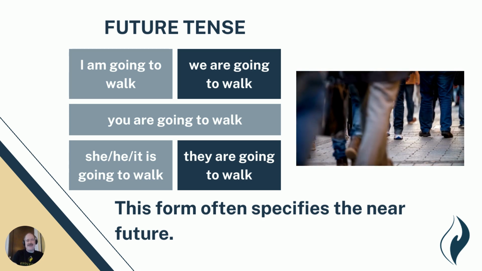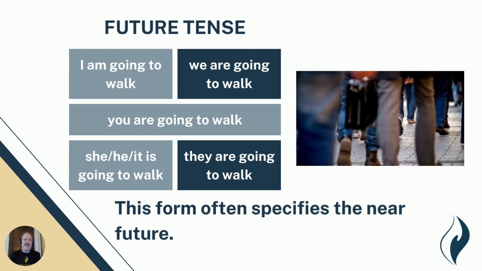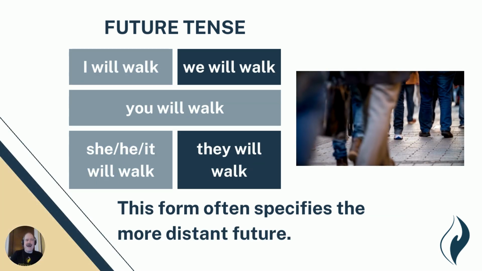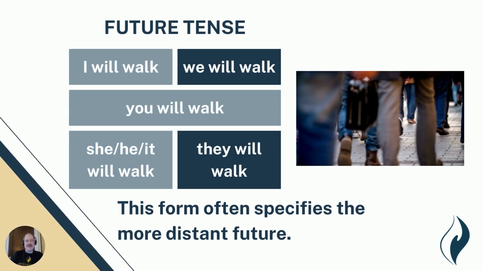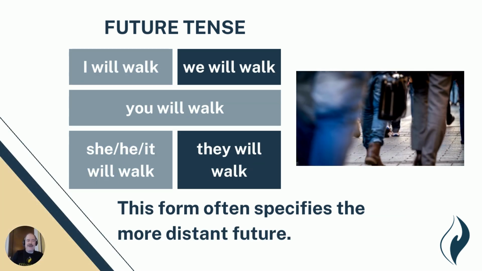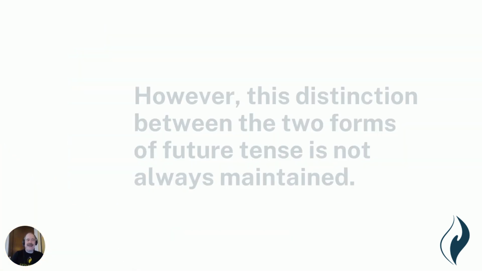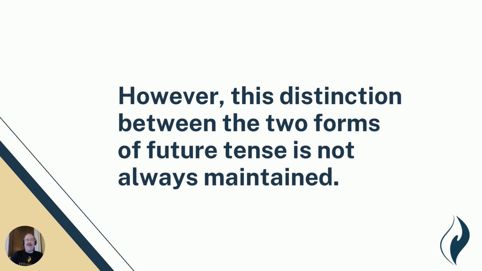Usually, we use this form for something happening closer in the future. And if we want to refer to something a little further out, we'll use the word will. I will walk, we will walk, etc. Now, be careful, because this is not a 100% hard and fast distinction between be going to and will. It's more of a rule of thumb.